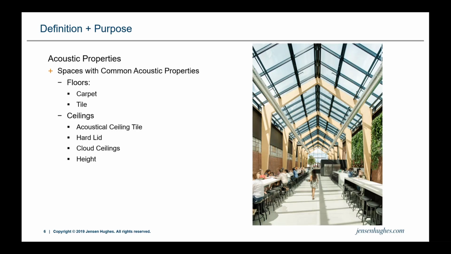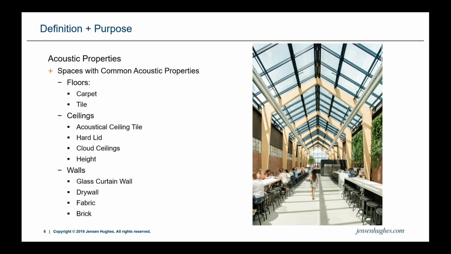And of course, the height has a big influence on it. You can see again in the picture, we have an atrium-looking space. We've got a very hard ceiling in that it's a glass atrium, so very reflective, and it has a lot of volume to it. And then finally, we have to look at the walls.